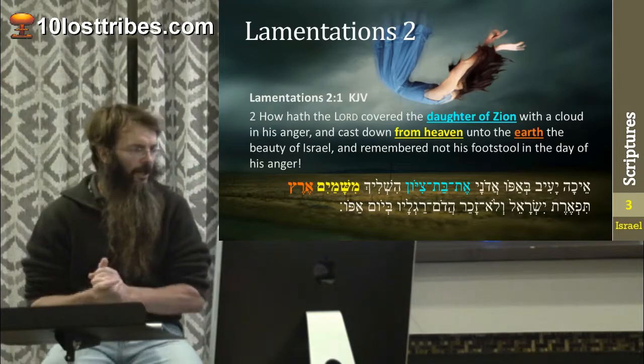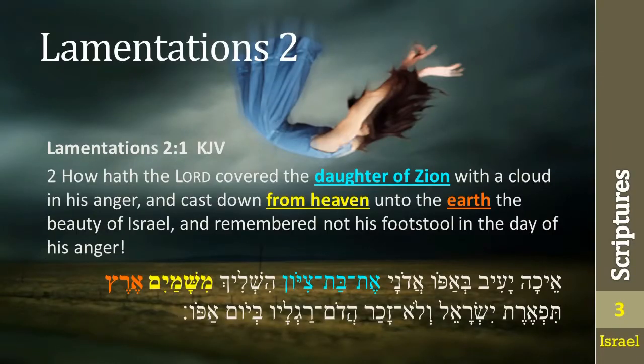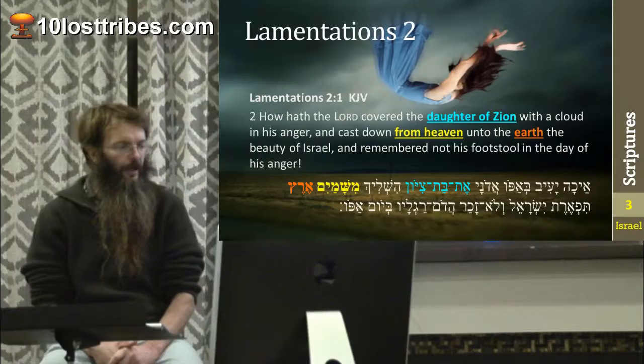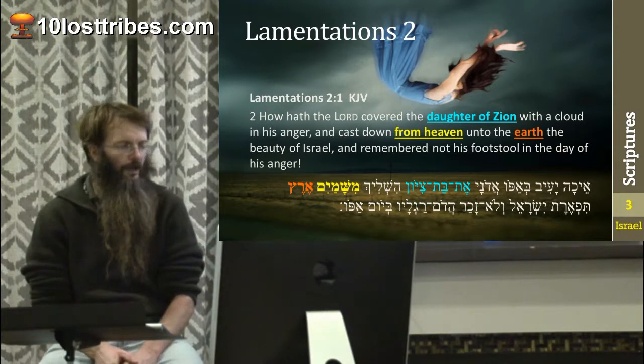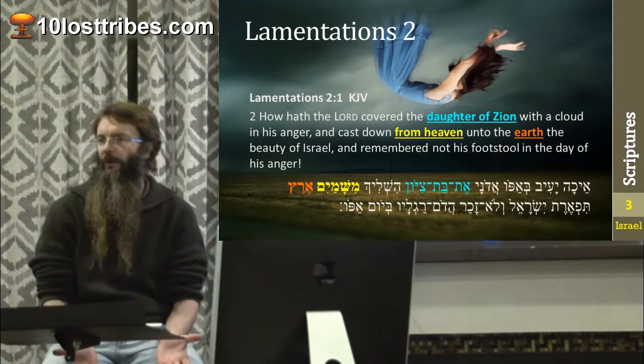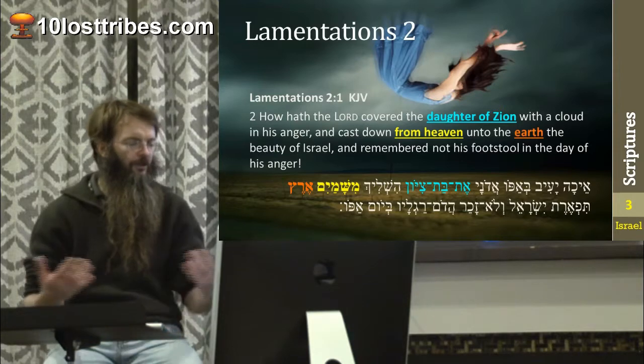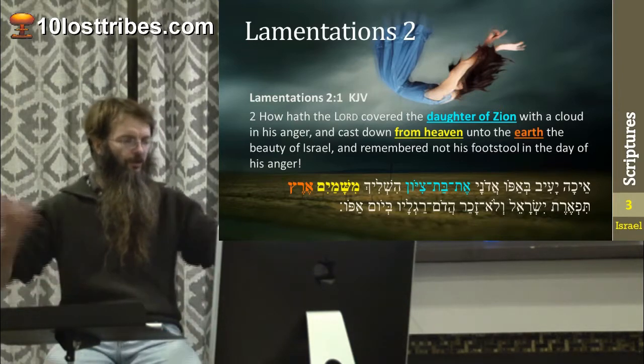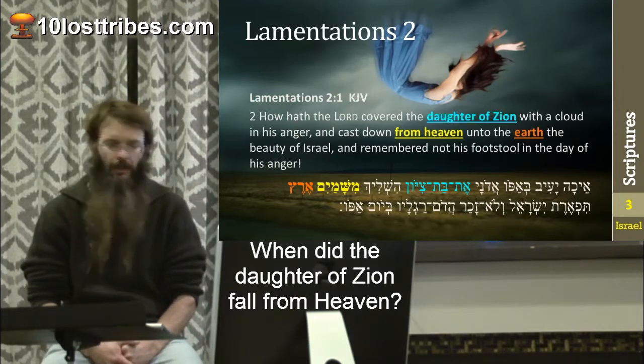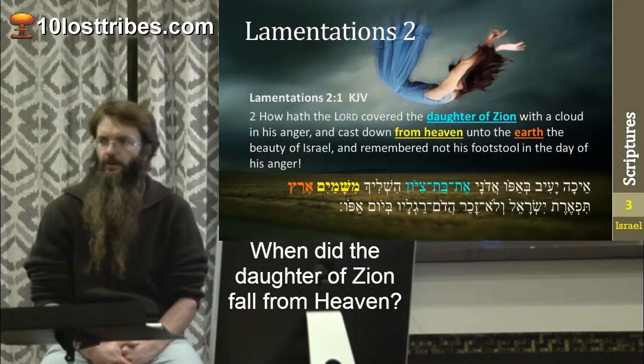Now, in Lamentations chapter 2 we read, "How hath the Lord covered the daughter of Zion with a cloud in his anger, and cast down from heaven unto the earth the beauty of Israel, and remembered not his footstool in the day of his anger." Now, when people read through Lamentations, they're of course taking this poetically, and they're just saying, well, he's just using a little bit of exaggeration, a bit of poetic license.